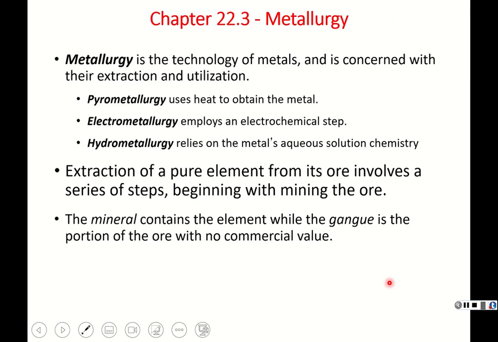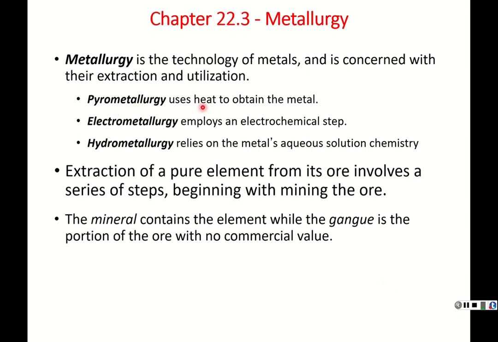Okay, moving on to metallurgy. We won't spend a whole lot of time on this in this class, but I think it's interesting, and so many things around us are made from metals that it's good to have an idea of how they are made industrially. So metallurgy is the technology of metals and is concerned with their extraction and utilization.